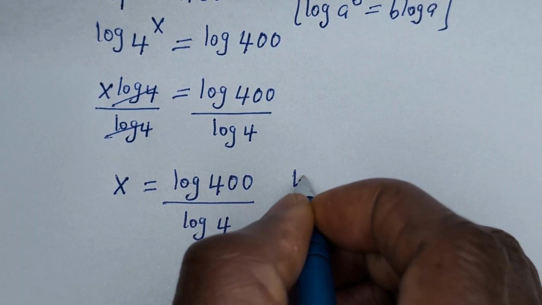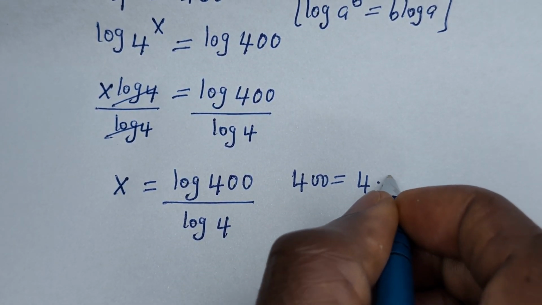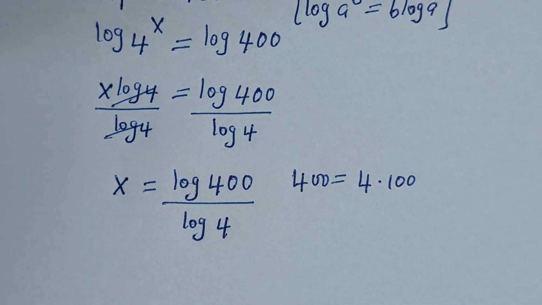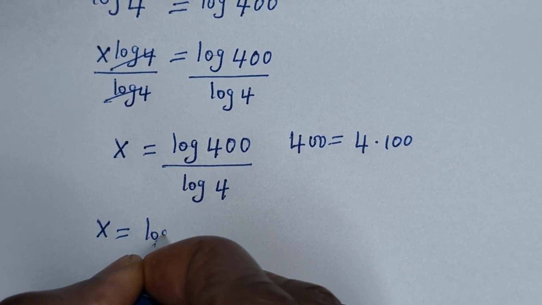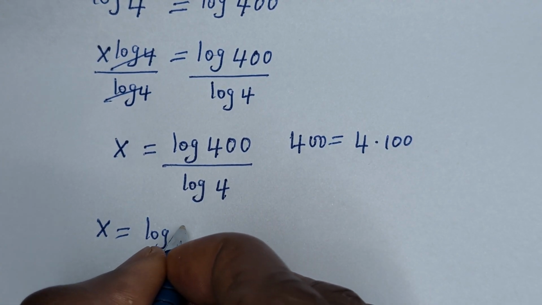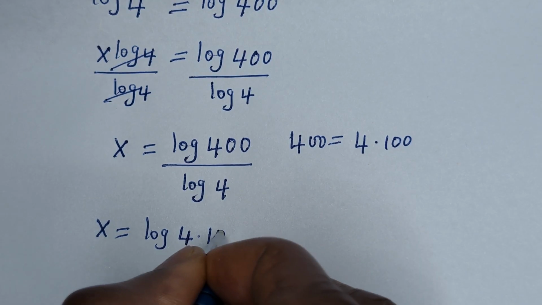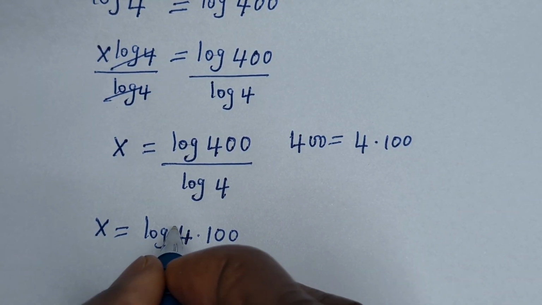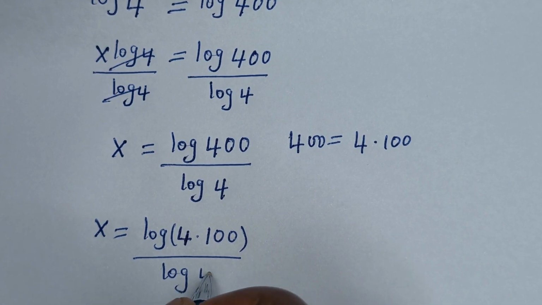Now 400 is equal to 4 multiplied by 100. And here x is equal to log of 4 multiplied by 100, divided by log 4.